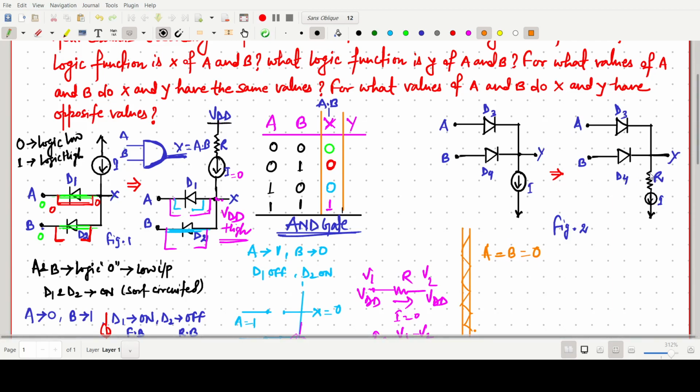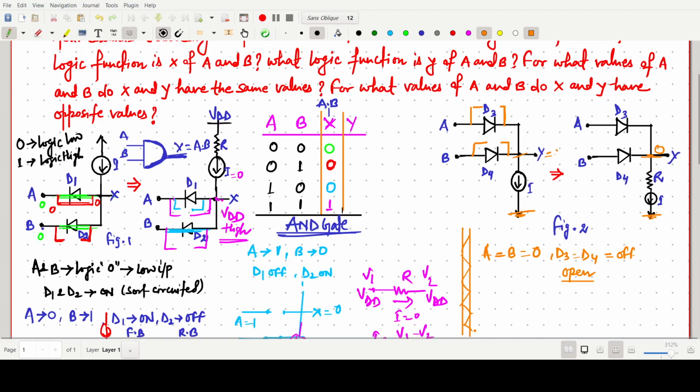These two are just open circuited, say D3, D4 will be off, or simply open, open. So the current will be almost zero. If there is zero potential, there will be no current in the circuit. This one is connected to ground, so this will also be zero. It's very simple, so this should be our zero value.